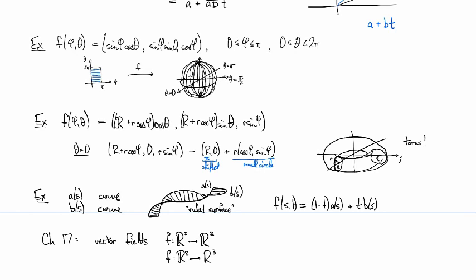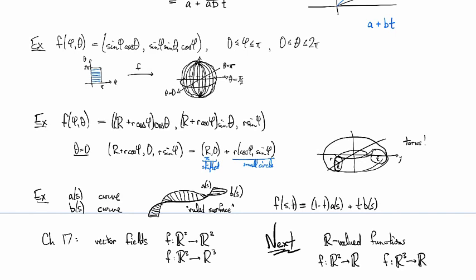But we're not going to get to that for a long time. Next, what we're going to be looking at through most of chapter 15 and 16 is R-valued functions. So things that look like a function from R2 to R, or R3 to R. Sometimes these are called scalar valued functions.